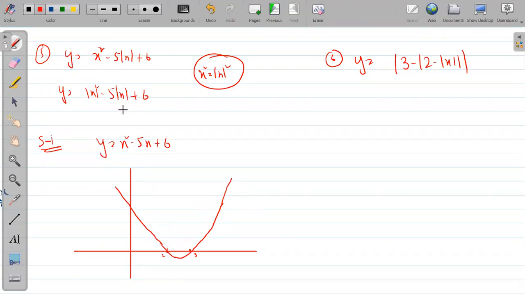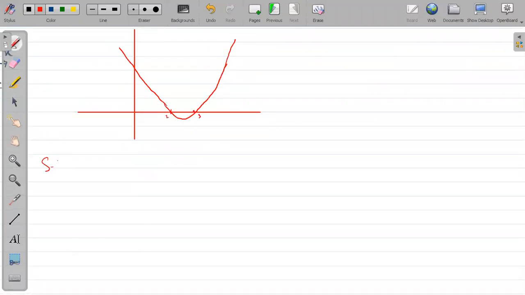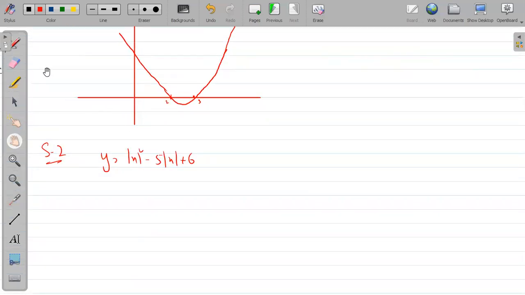Okay, so now you have to take step 2. Step 2 is: you just need to replace each and every x by mod x. So that means the function is f of mod x only. What type of graph will you get as the final graph? Easy only. So nothing else, just make this.